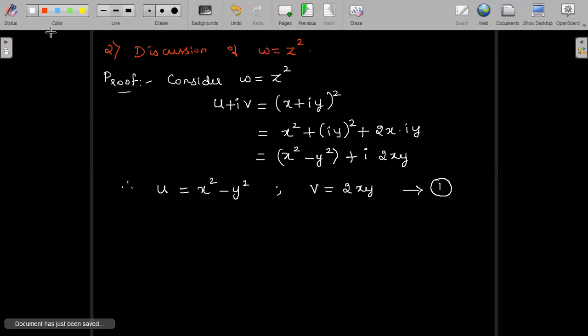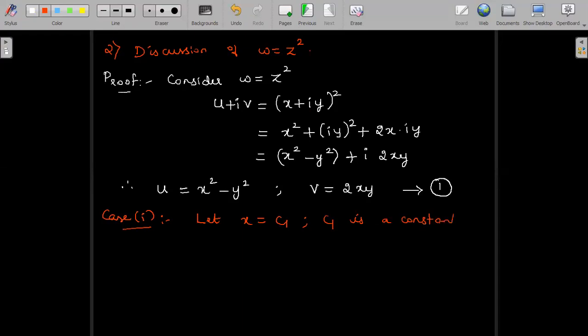So let us discuss case 1. We are taking x is equal to C1, where C1 is a constant.